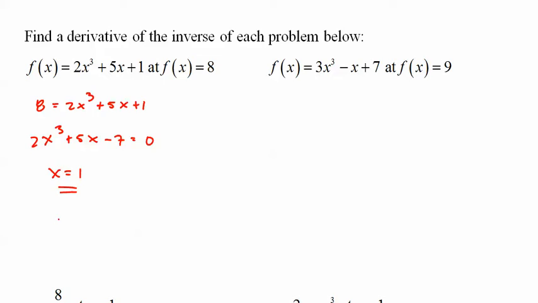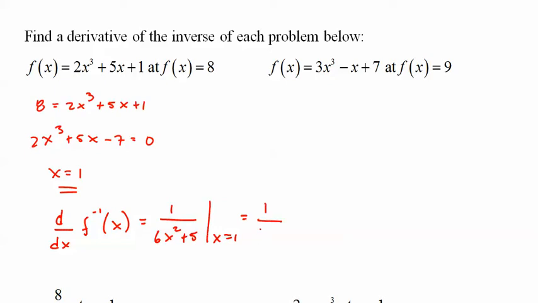Thanks for nothing. Derivative over 6x squared plus 5, x equals 1, equals 1/11th.